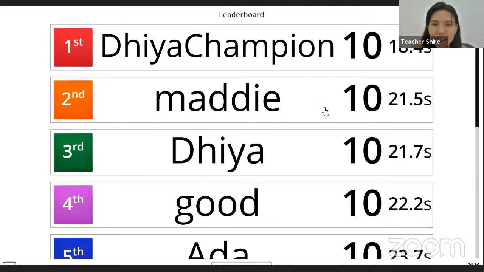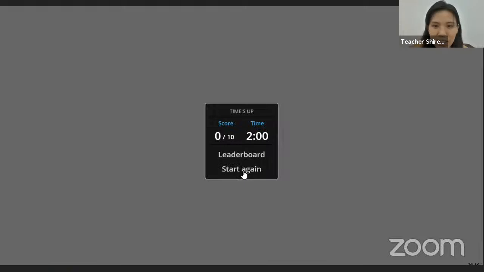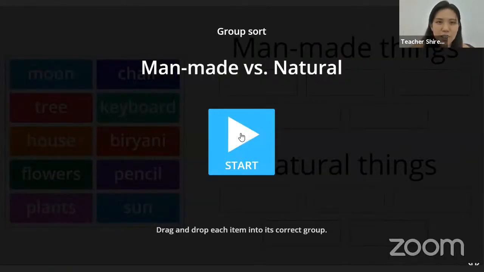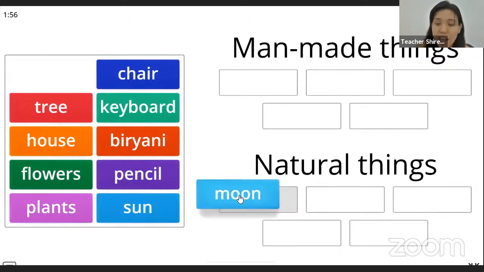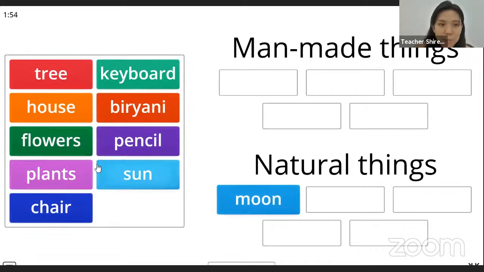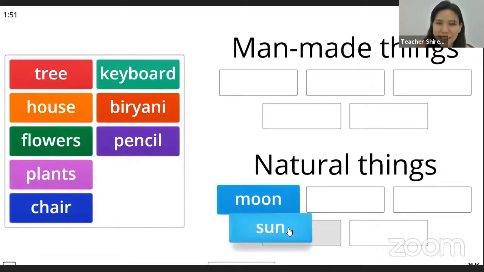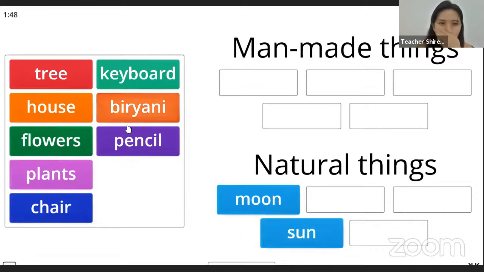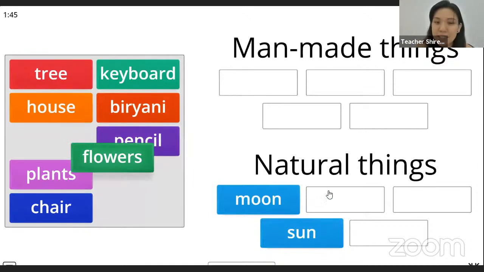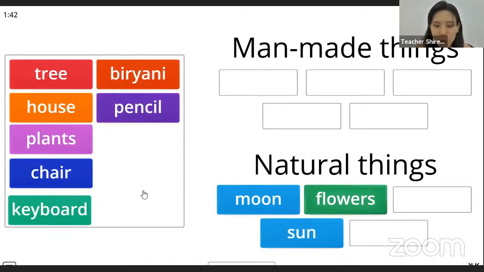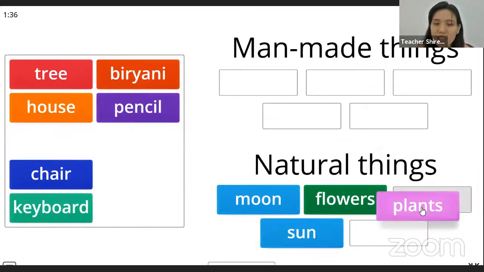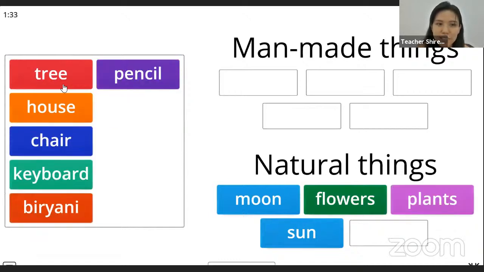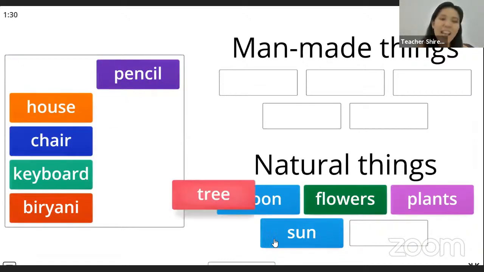Okay, next we have Jane. Okay, Jane, you can control. Moon, yes, it's a natural thing. Good job. Sun, yes, it's a natural thing. You pay attention to what Joyce did. Flower, it's natural. You go out, you can see flowers grow by themselves. Plants, yes, all these are natural things. Tree, yes, that's natural.